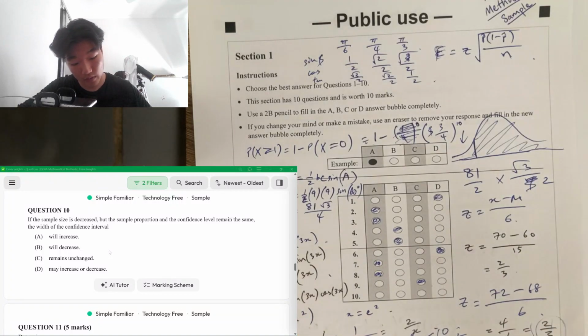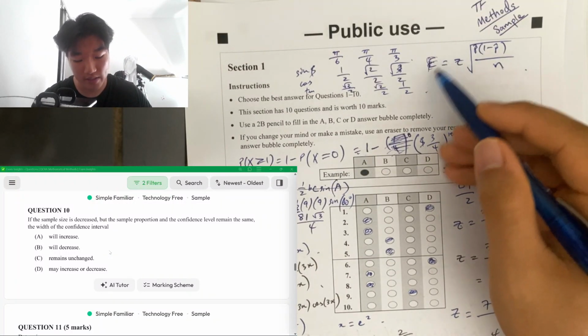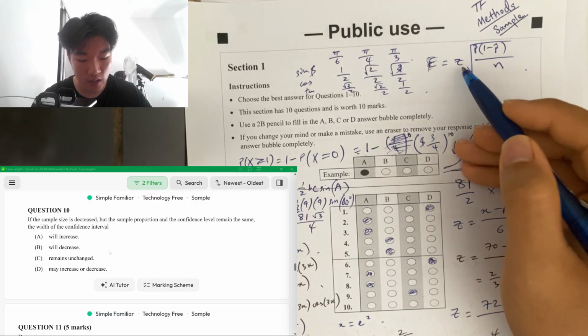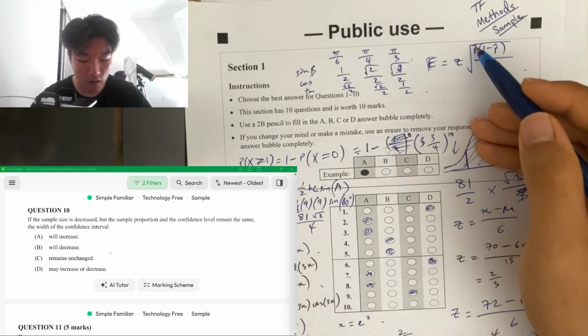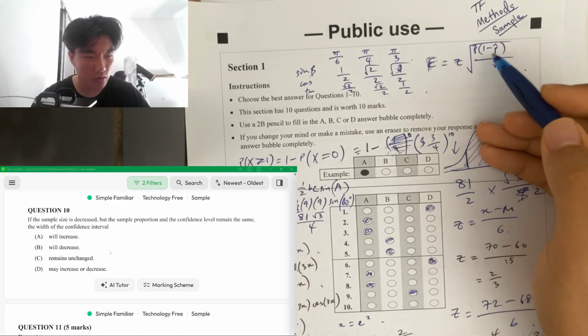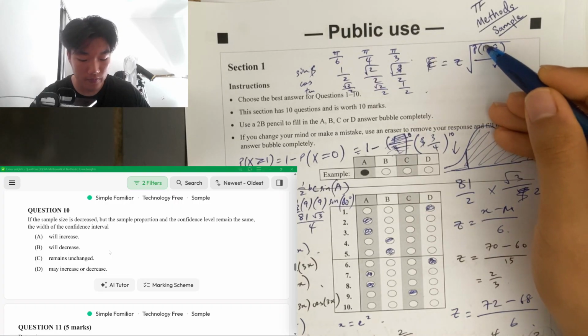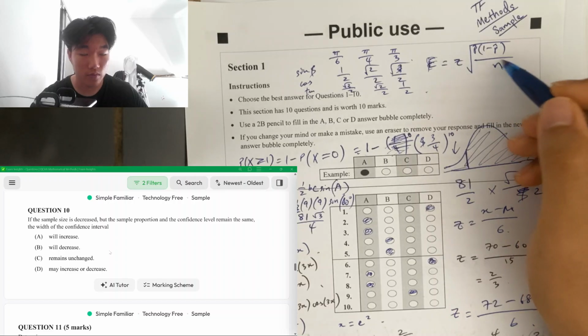Okay, here we have the margin of error, which is representing the width of the confidence interval, and it's equal to z times the square root of the estimated sample proportion p multiplied by 1 minus p, divided by n.